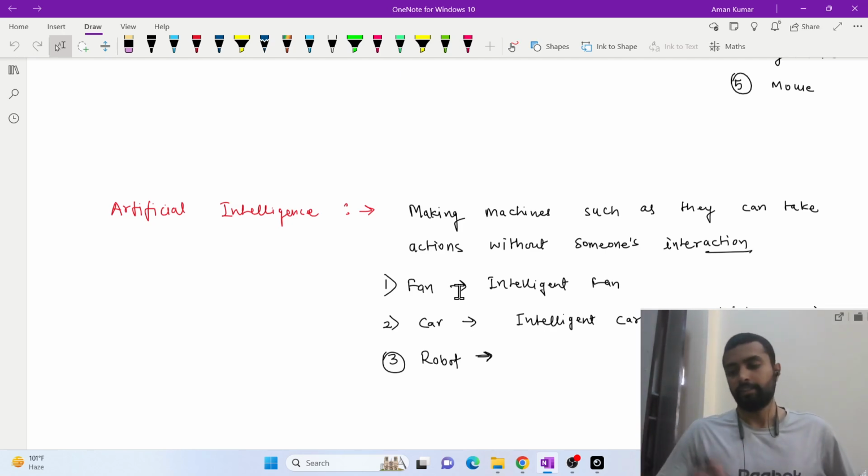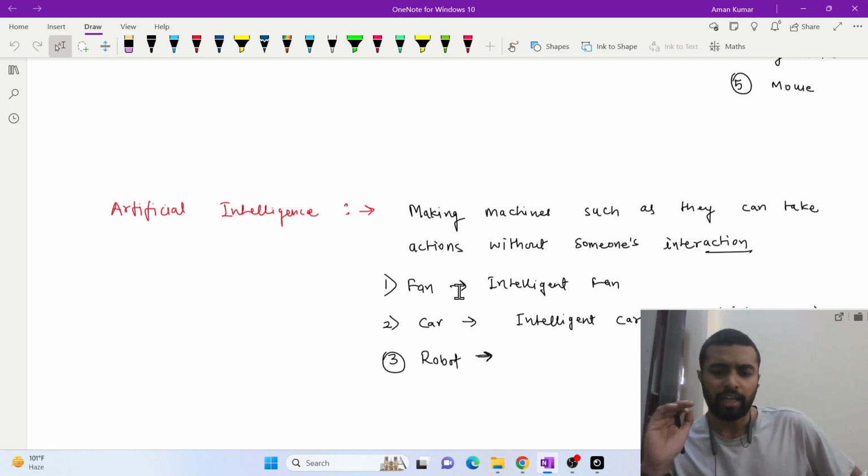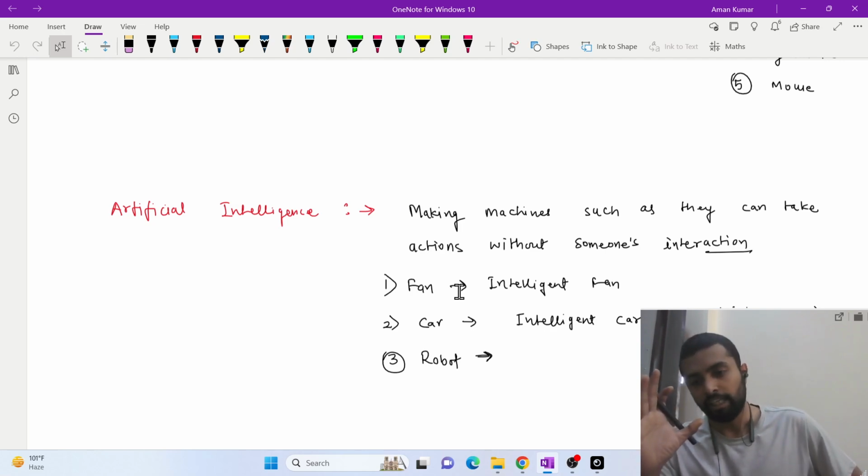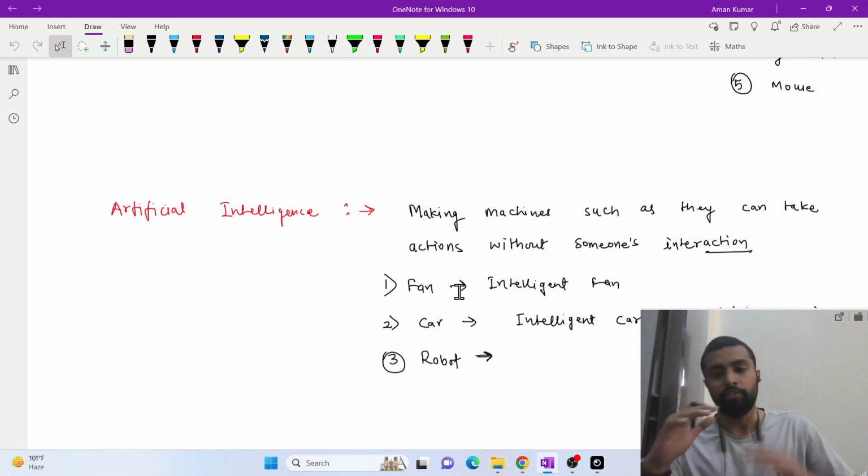Okay, so after understanding artificial intelligence, now we are going to understand the meaning of data science, because there is also a term data science. But before I explain data science, in one sentence I will say that AI is a big umbrella, meaning it is a very, very big thing.